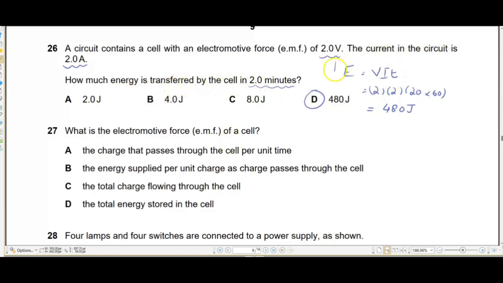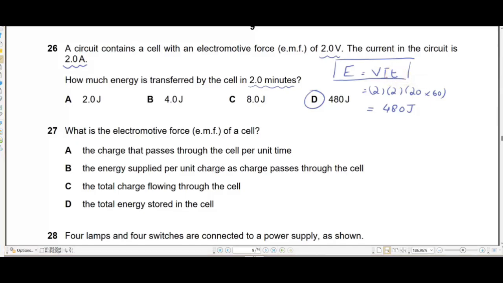Okay, it is recommended that you learn all these formulas. They are there in the Cambridge syllabus as well, and your teacher, your notes, or your book, wherever you've studied from, would also have provided you with these formulas.